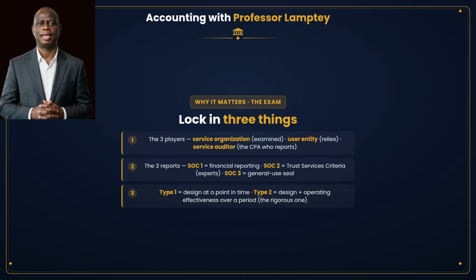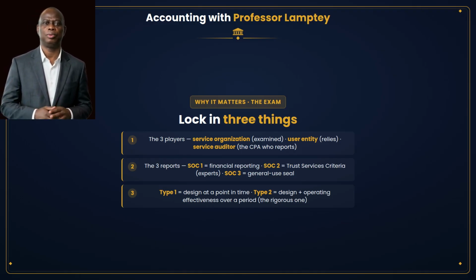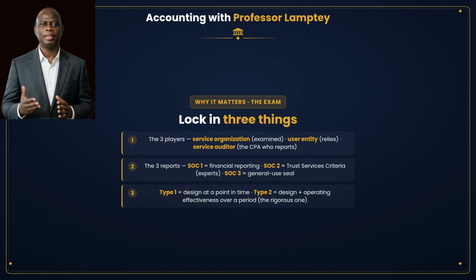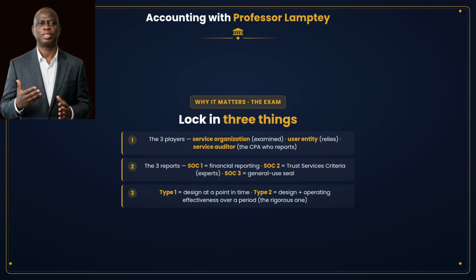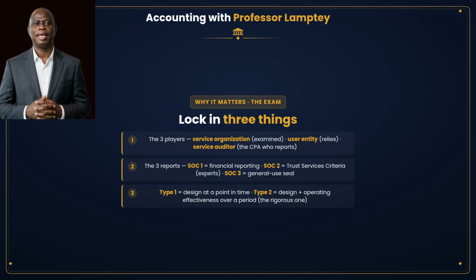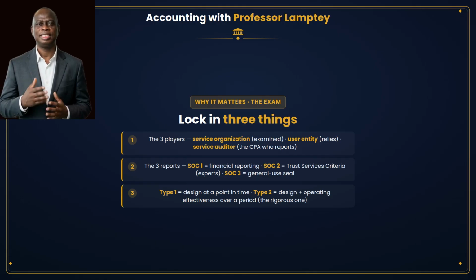Type 1 is design at a point in time. Type 2 is design and operating effectiveness over a period, and Type 2 is the rigorous one. Get those, and you understand why SOC reports are everywhere in modern business. They're how trust gets audited once and shared with the world. And they're a career door. This is CPAs doing technology assurance.